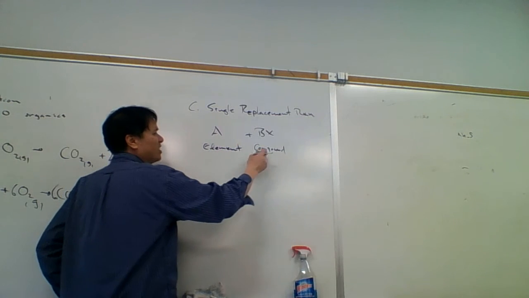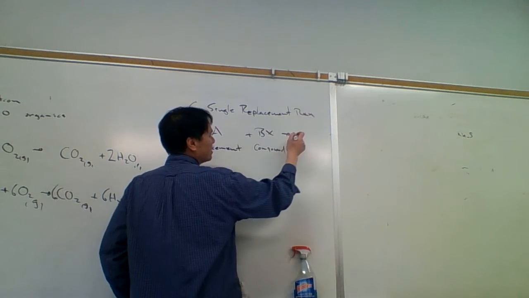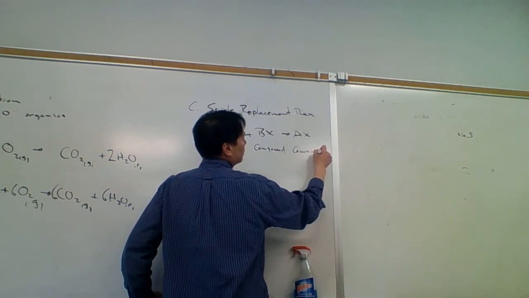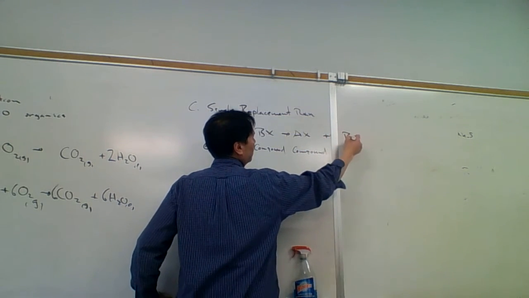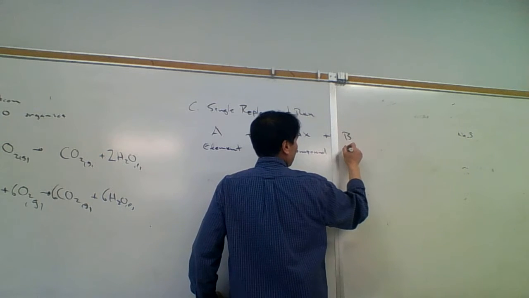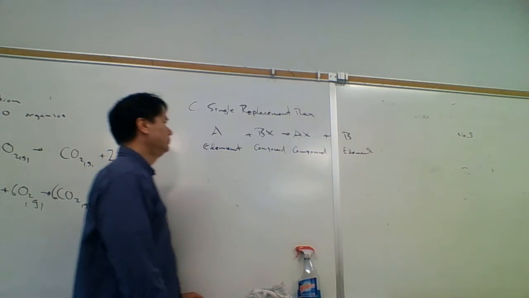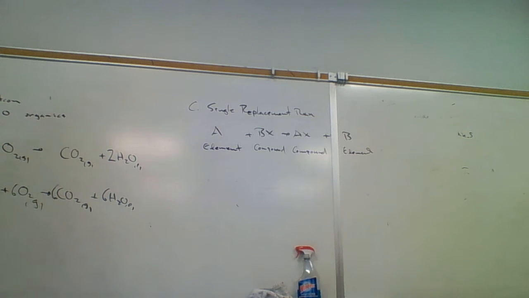So if we take an element plus a compound, A plus BX, we expect to form AX, a new compound, plus an element here. A plus BX builds AX plus B.